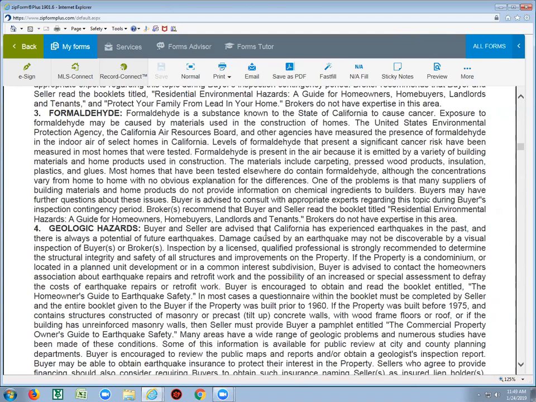Number 3, formaldehyde. Formaldehyde is a substance known to the State of California to cause cancer. Exposure to formaldehyde may be caused by materials used in the construction of a home. The United States Environmental Protection Agency, the California Air Resources Board, and other agencies have measured the presence of formaldehyde in indoor air in selected homes in California.